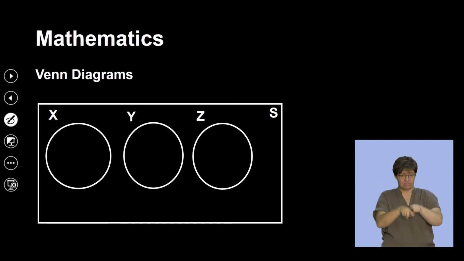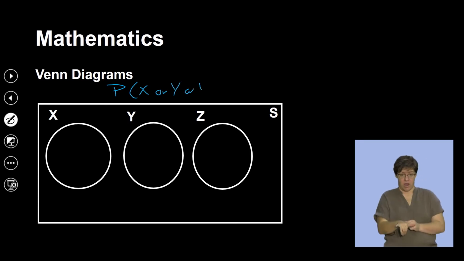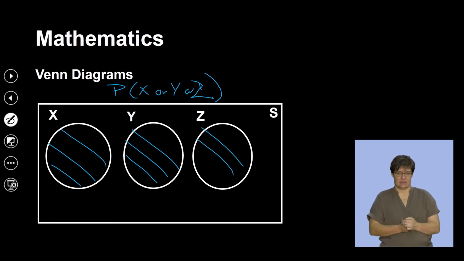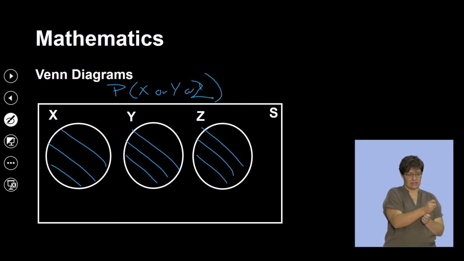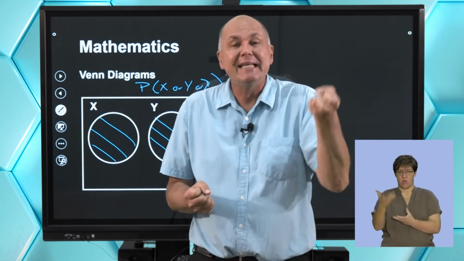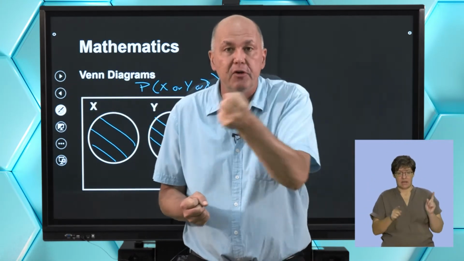For that reason, if we wanted to find the probability of X or Y or Z, we would look to see if we could contain all the elements in X or in Y or in Z. It doesn't matter whether they're in X or Y or Z. We're only worried that they must come from at least one of those sets.